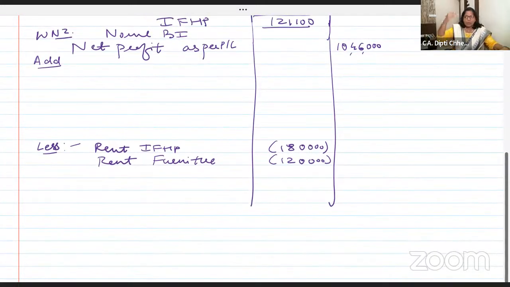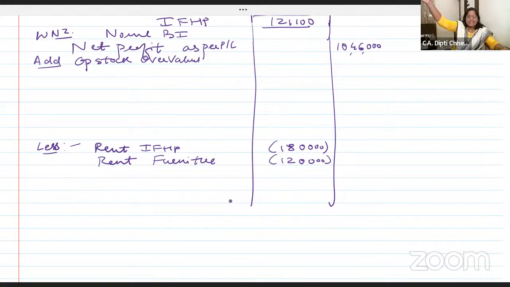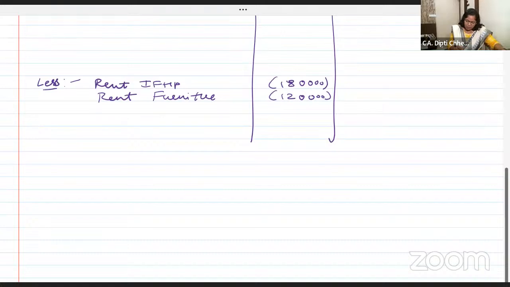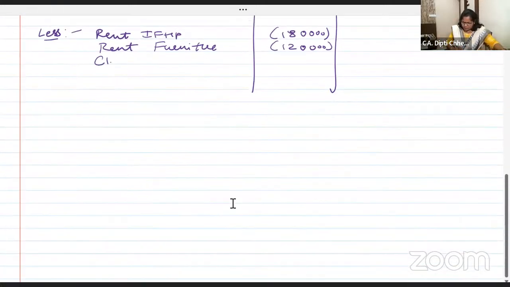If you reduce opening stock, that is, reduce expense, the profit will increase. So reduce the value of opening stock; what will be the impact on profit? Profit will increase by 15,000.